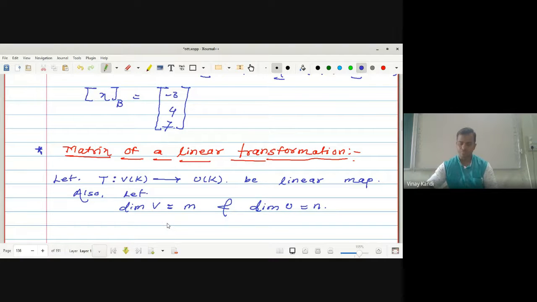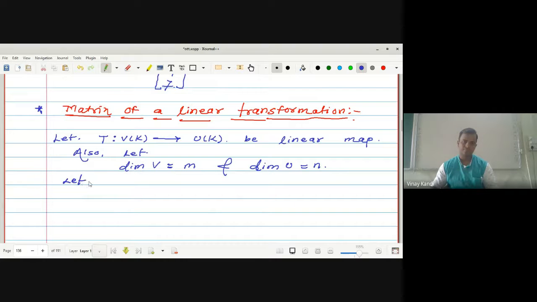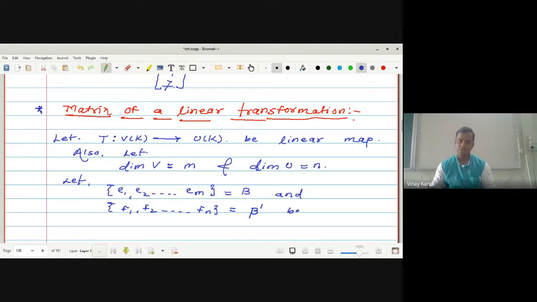And also let B equal e1, e2, up to em, and B dash equal f1, f2, up to fn be bases of V and U respectively.